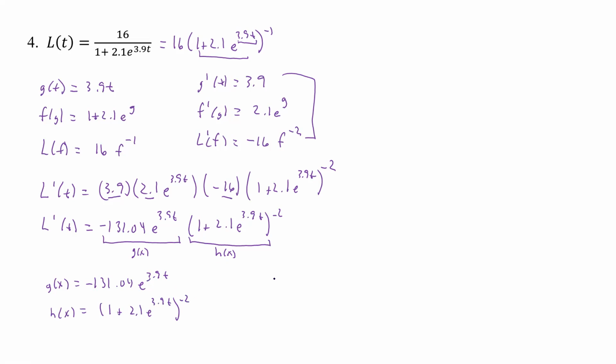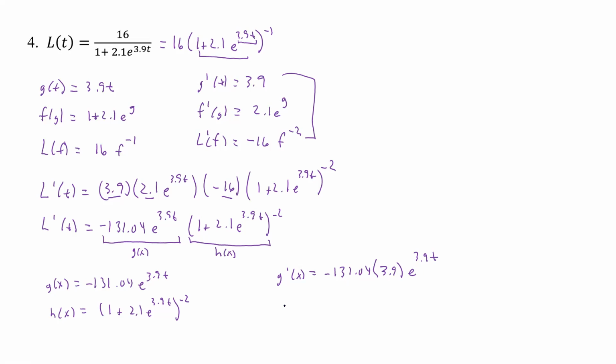Well, with g, I can find that derivative. That's just going to be the number, negative 131.04, times, well, now I'm going to take the ln of this, but that's going to be 3.9 can come down front, then the ln of e is 1, so it's just times 3.9, and then times e to the 3.9t.